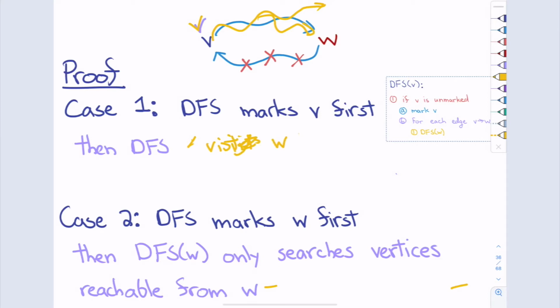It visits W before finishing DFS V. Okay, so that's one case.